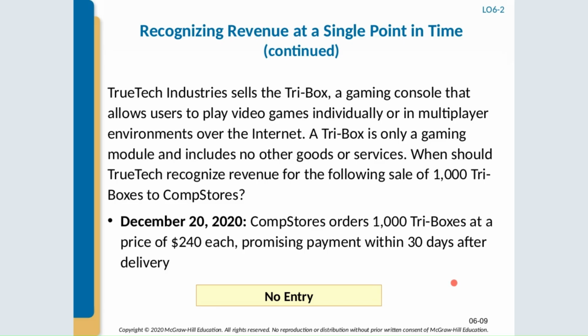So nothing has taken place yet. The Tri-Boxes have not been delivered, so that means that there's no transaction really. It's just a placement of an order of this product and nothing else is going on. So there is no entry.